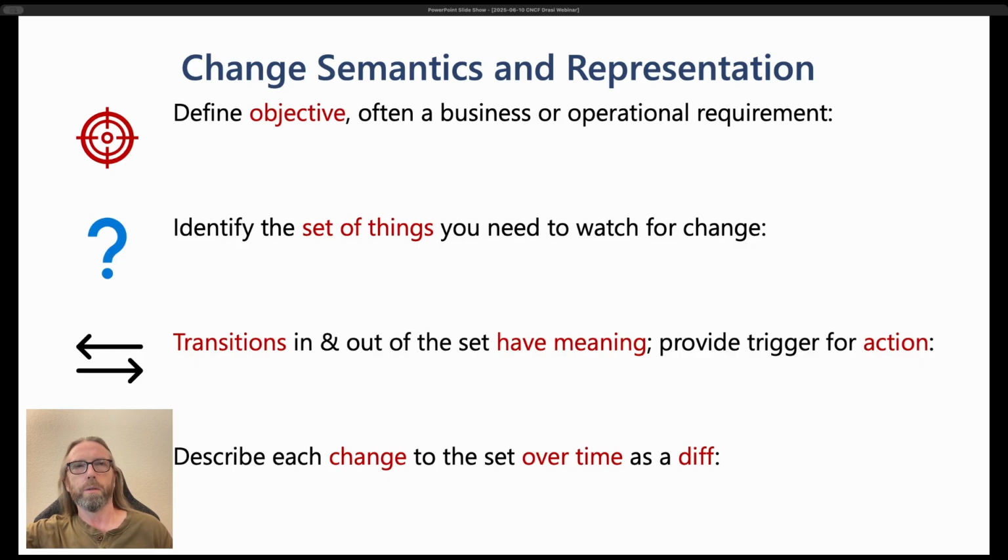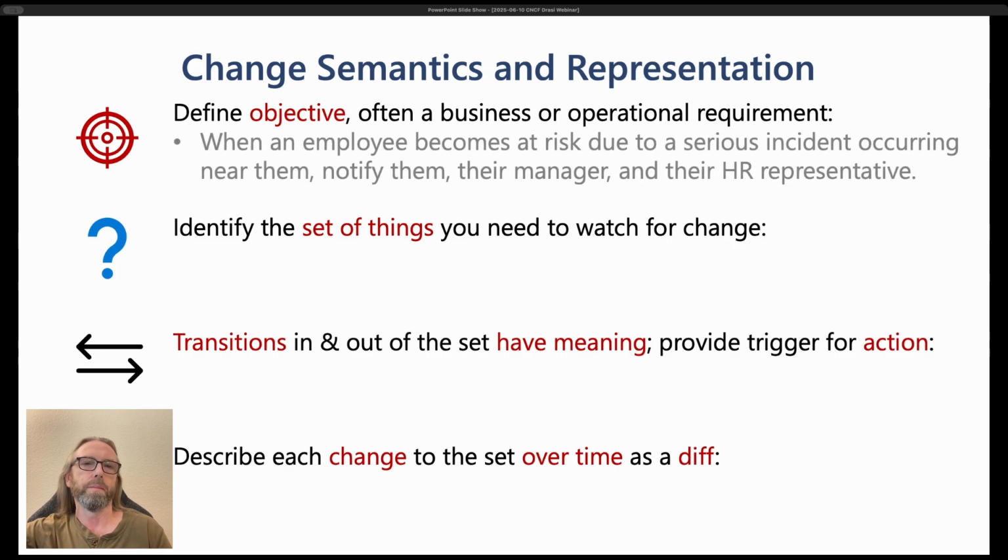So first of all, we like to start with defining the objective. And often, this is a higher level business or operational requirement. For example, when an employee becomes at risk due to a serious incident occurring near them, notify them, their manager, and their HR representative. So this is similar to a case we talked about earlier.